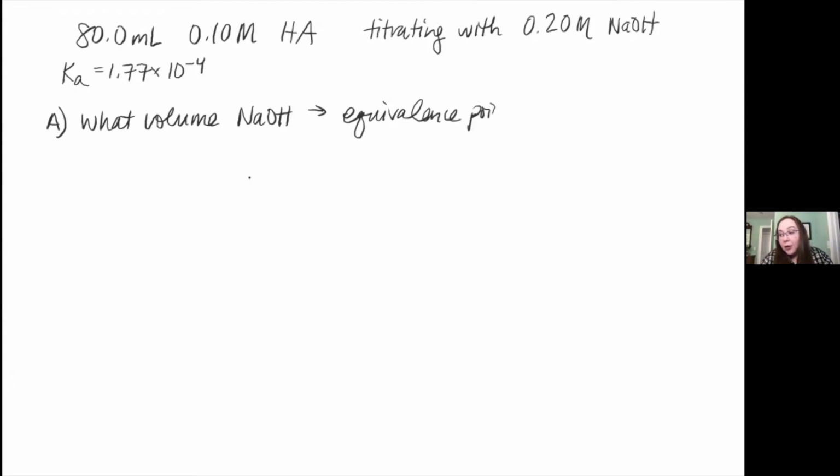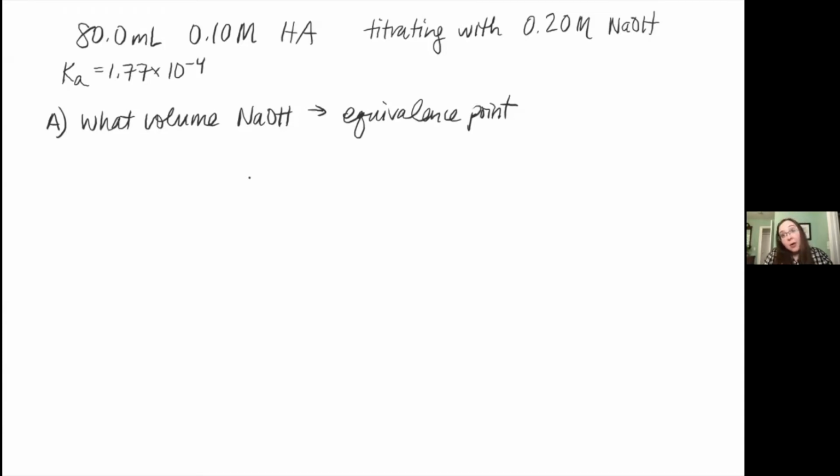Now, this is super helpful for us because if we know when the equivalence point is, we're also going to know when we are before or at or after the equivalence point. And that helps us frame our mindset so we know what way we have to attack the problem. Before the equivalence point, we know that the acid is in excess, the base is limiting.